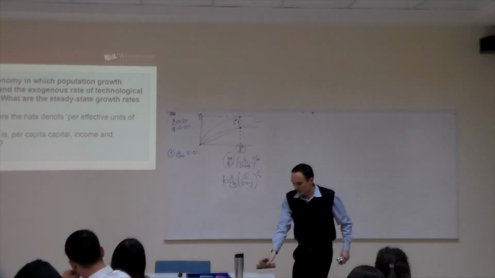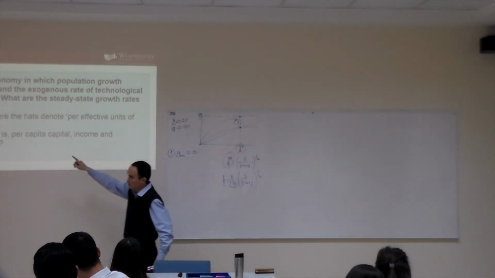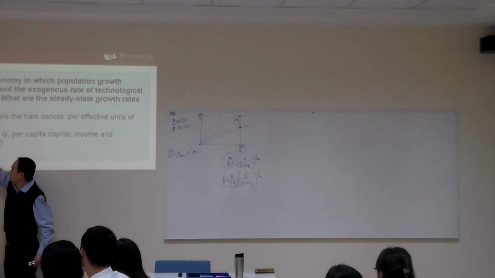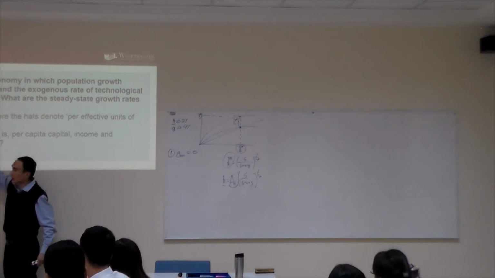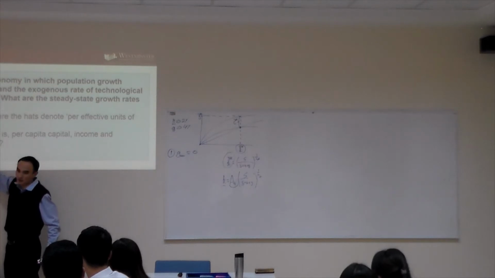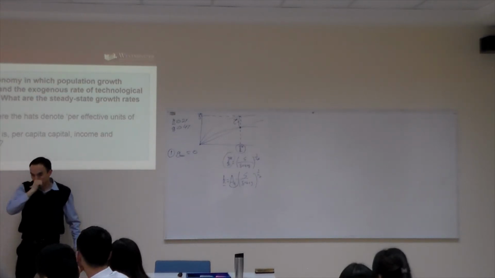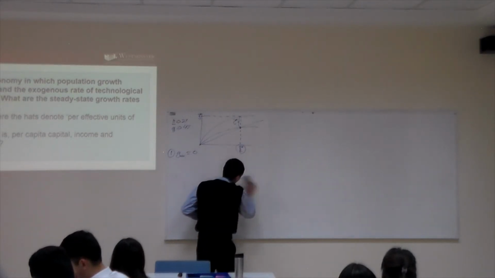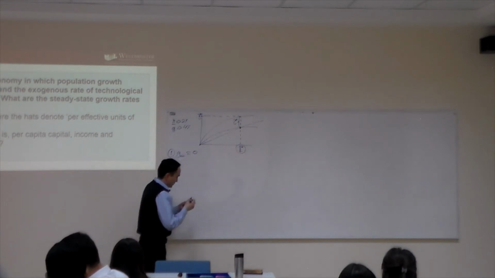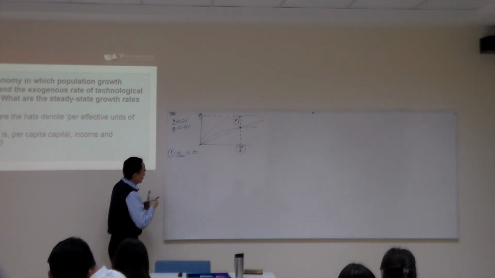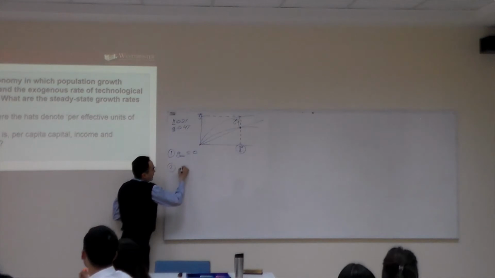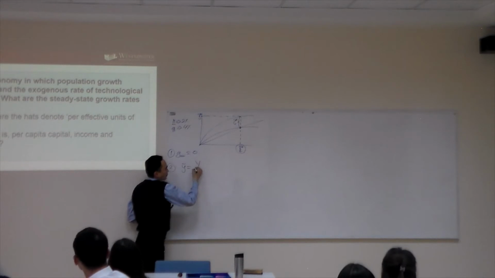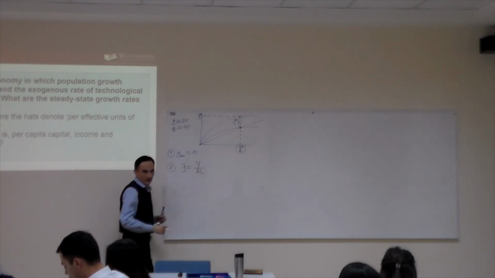So now we have capital, output and consumption per worker. I will derive only output per worker, because the steps are the same regarding capital per worker and consumption per worker, you can easily derive by yourself. So look, output, number 2. Output per effective labor is equal to what? Output over effective labor. Yes?